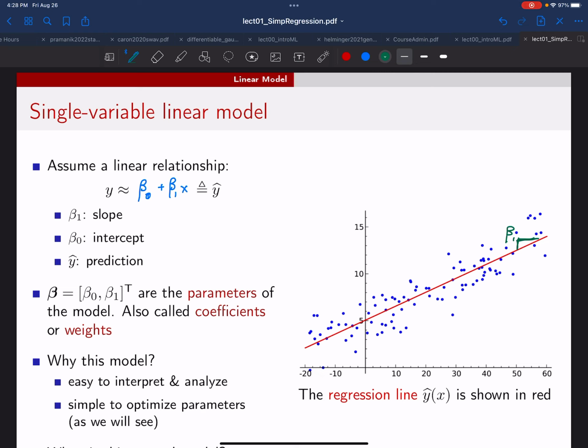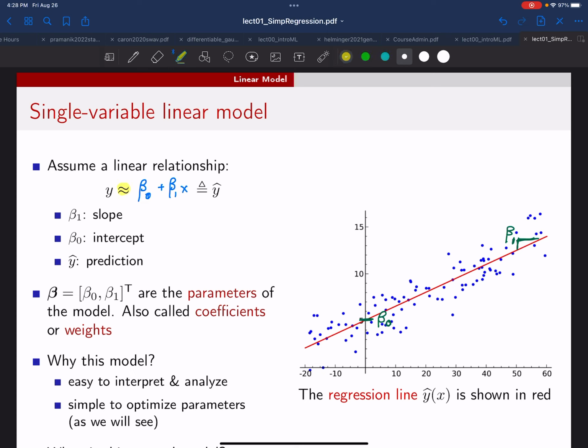Beta 0, where's beta 0 on this plot? It's the intercept. It's the place where this line crosses the y-axis, beta 0. So sorry if this is a little hard to read. Beta 1, beta 0.